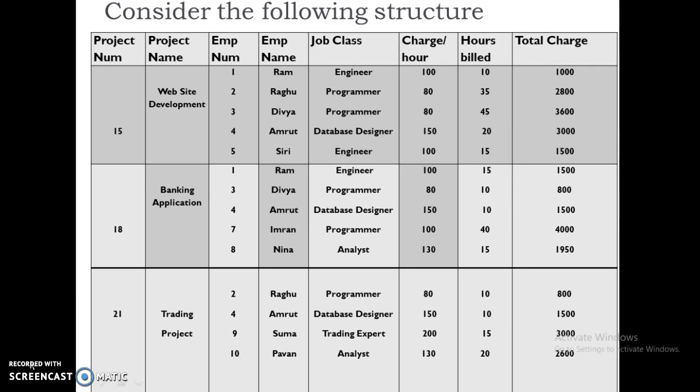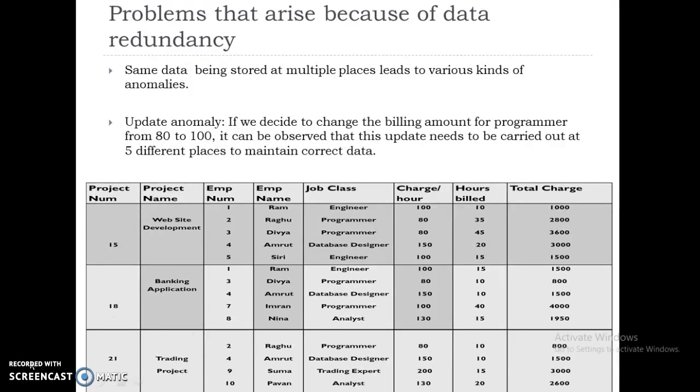Now, if we observe the structure more closely, we observe that there are certain problems that might come up because of storing our data in this particular method. First, there is a lot of data redundancy that occurs in this particular structure. That is, the same kind of data is being repeated multiple times. We notice that for one particular job class, there is a fixed charge per hour.